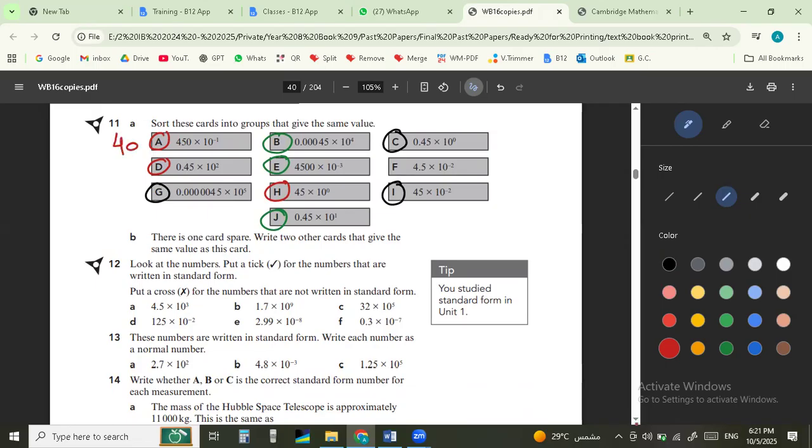That's A, D, and H, 40. And what about B, E, and J? I'm going to use the color green. B, E, and J, all of them are going to be 0.45. The green is going to be 0.45. All right?